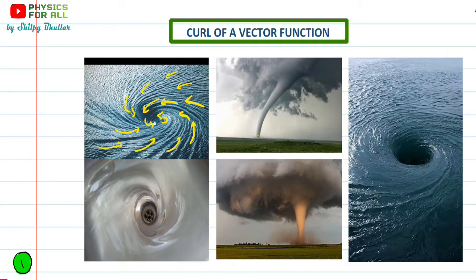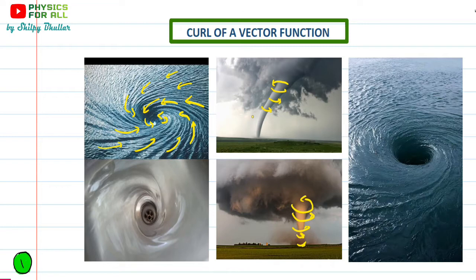Same for the wind. You can see that the wind that is blowing just curls like this, and it gets pointed when it moves toward the ground. There is the example of rotation. We can see the real life rotation examples.